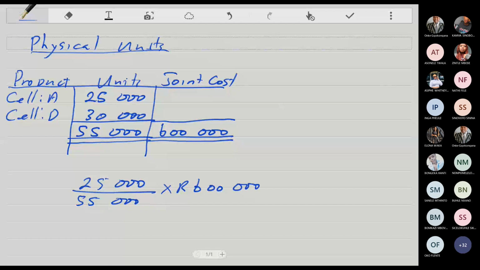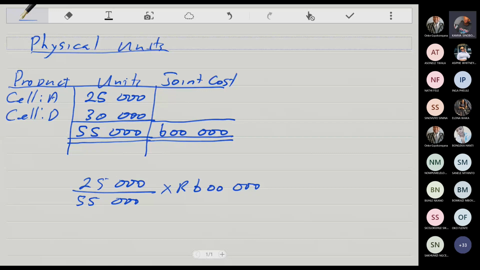And what is the answer? When you take 25,000 divided by 55,000 times 600,000, that gives you how much? 272,727.